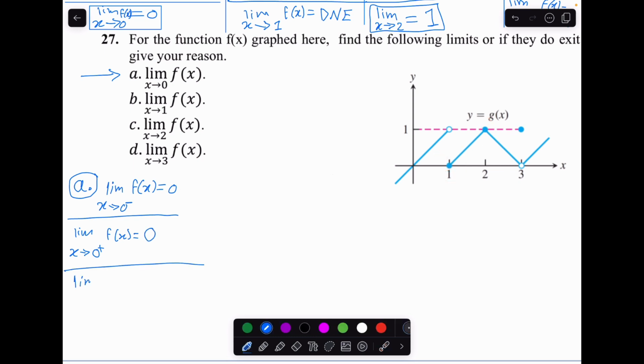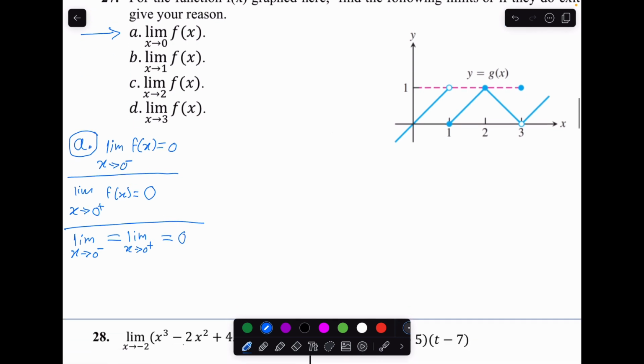Since the limit when x is approaching 0 from the left is equal to the limit when x is approaching 0 from the right, which is equal to 0, then the limit when x is approaching 0 of f of x equals 0.